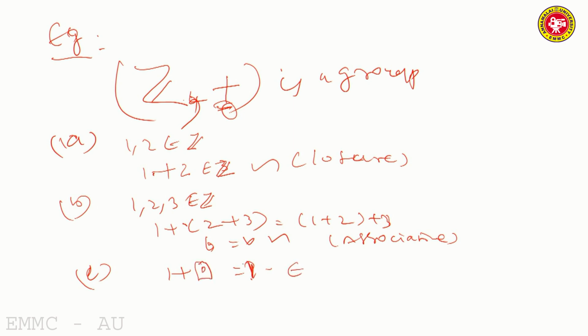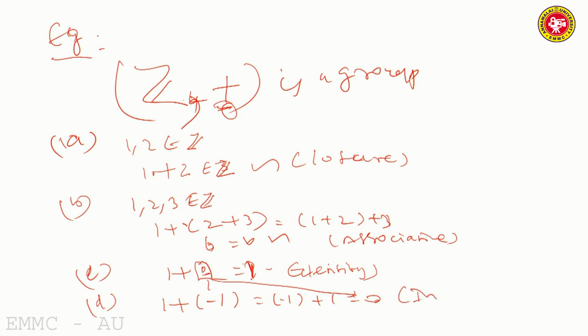Therefore, this yields the identity property. Now we have inverse. Here 0 is the identity element. Then we have inverse property, 1 plus minus 1 is equal to minus 1 plus 1, which is equal to 0. So these four properties are satisfied. So it is an example for the group.